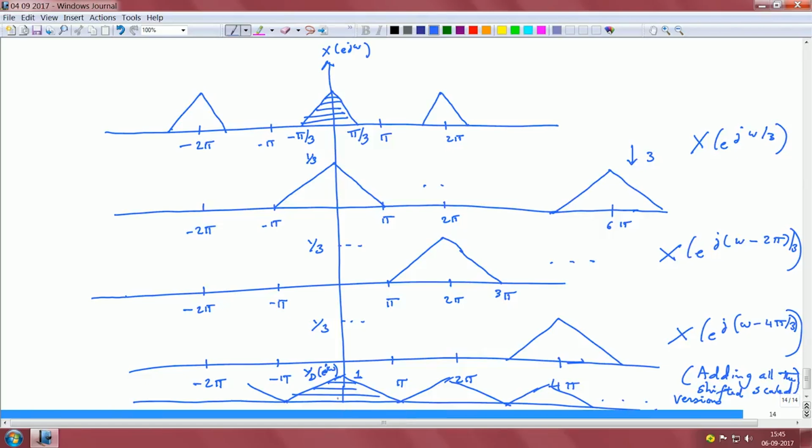Now as you can see through this example, I have critically chosen minus pi by 3 here. This is a very important point. It was carefully chosen so that when you stretch it, it is just getting towards the minus pi and plus pi points, and the spectra do not overlap.